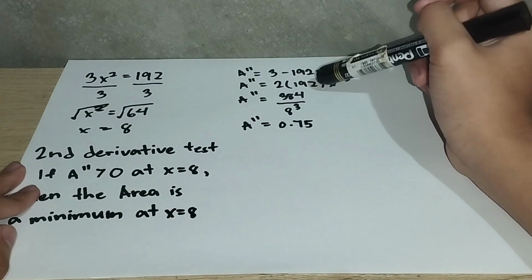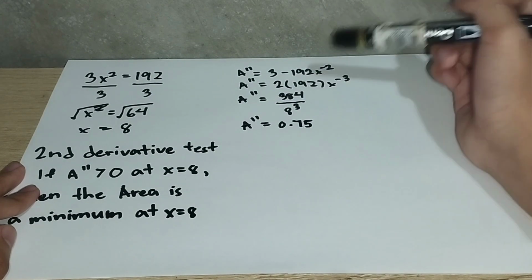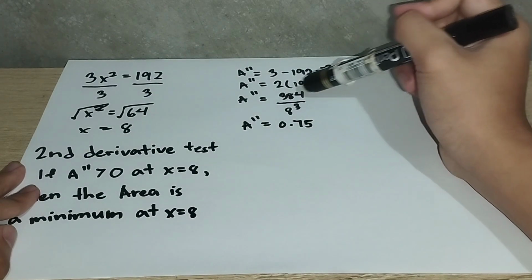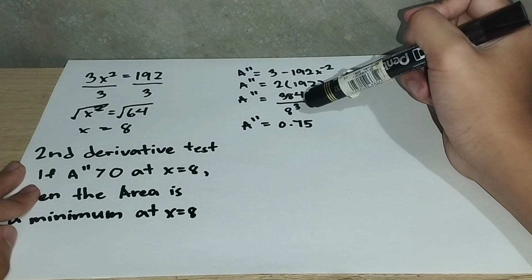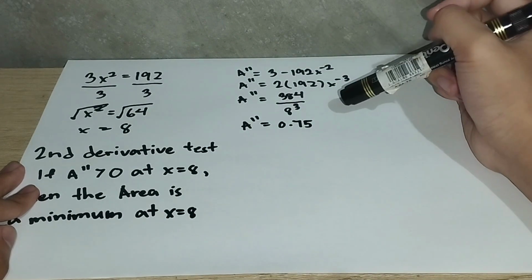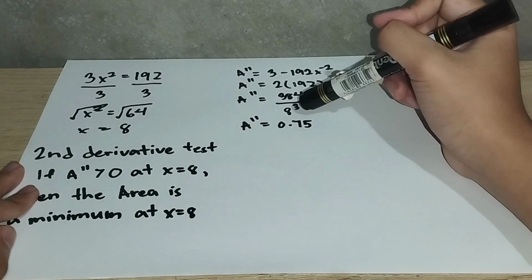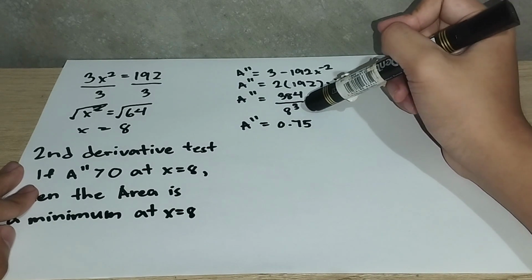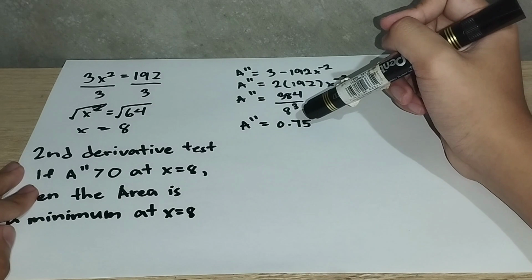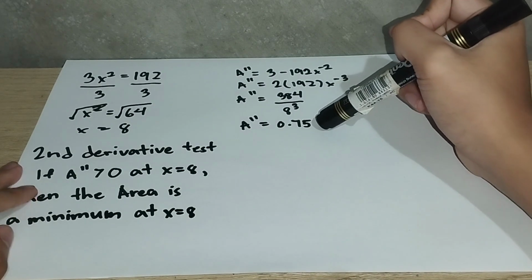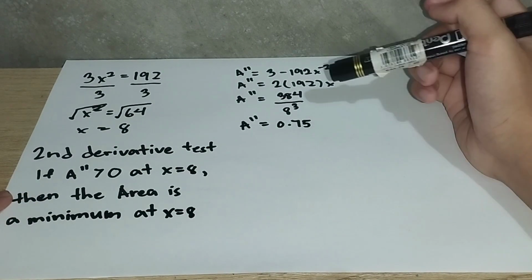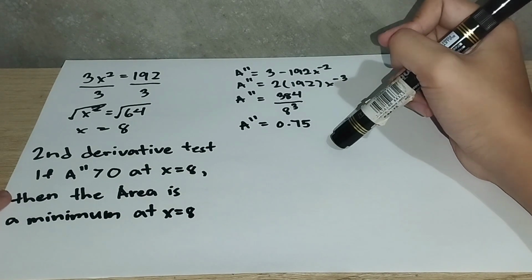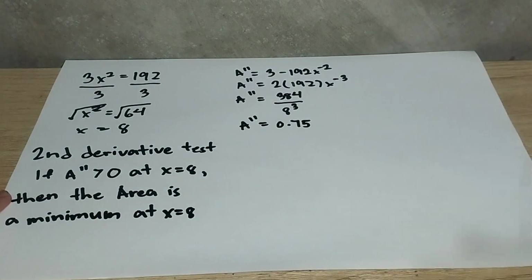It will become positive 2, and then let's put 192 and then x raised to negative 3. So 2 times 192 will be 384. Then let's substitute 8 to x and it will give us 384 over 8 raised to 3. So its answer will be 0.75. Since 0.75 is greater than 0, the area is a minimum at x equals 8.